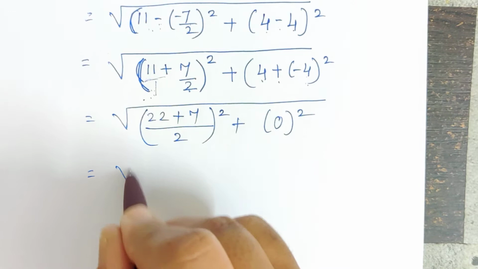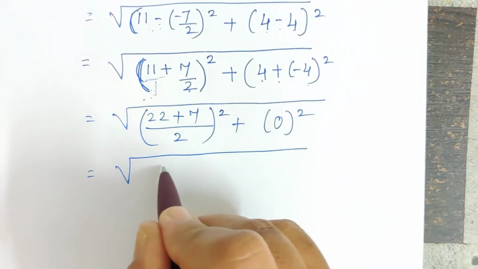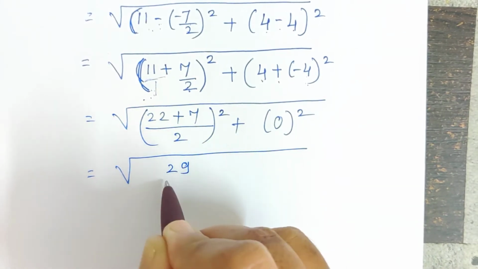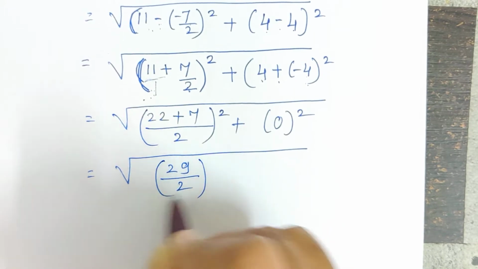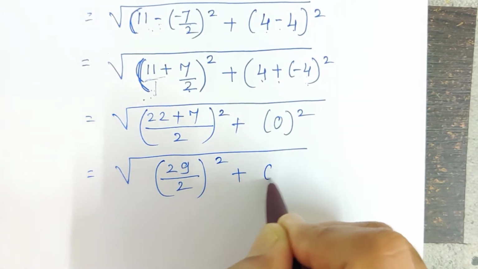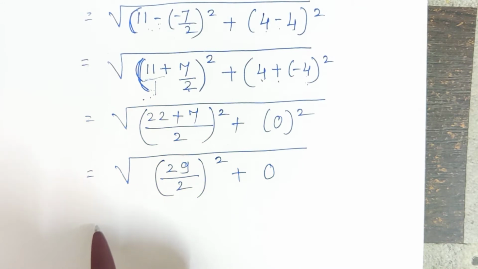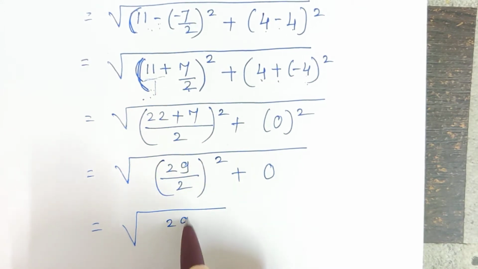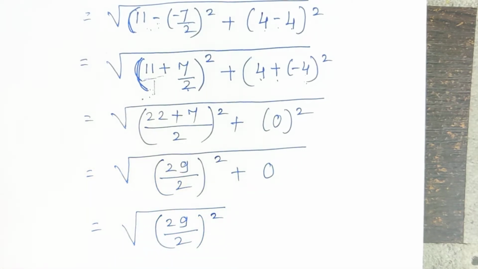Equal to under root (22 plus 7) 29 upon 2 bracket square, 0 square is 0. So here we get under root (29 upon 2) bracket square.